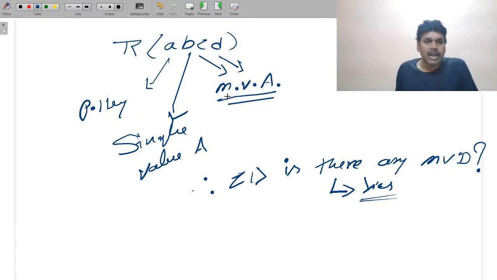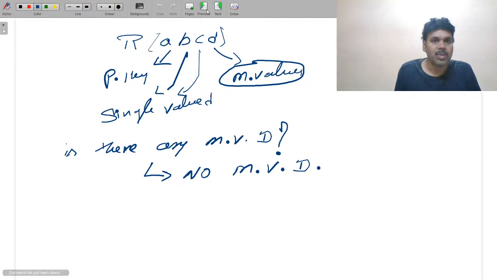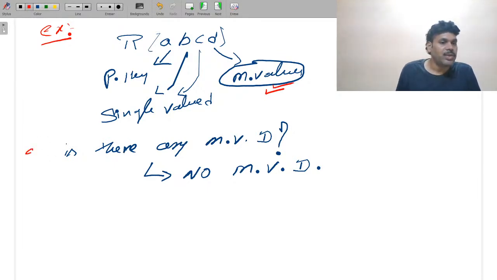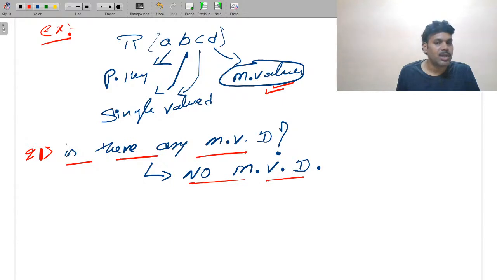So let us recap our previous lecture once. If I am saying a relation like this, we know that D is a multi-value, and we confirm the question, is there any MVD? We will say no. But my second question is, what is a candidate key?